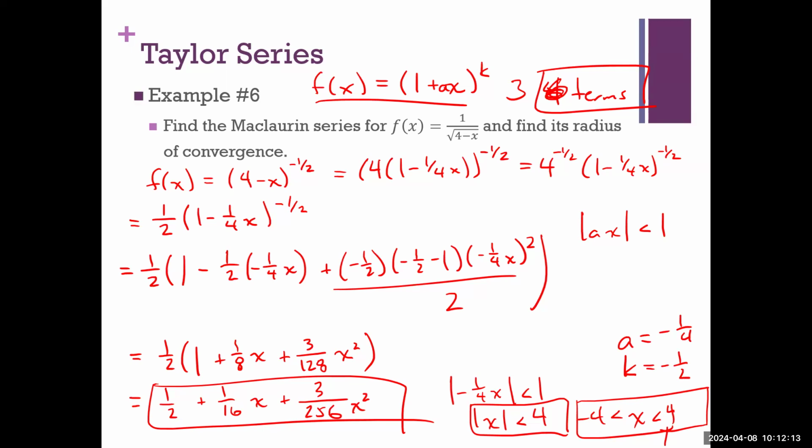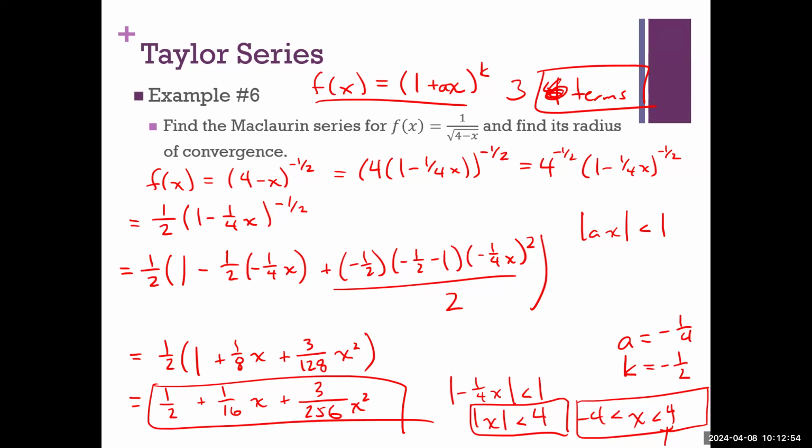How did we find that a equals negative 1/4? That's a good question. We did this a while ago. The bottom line is that binomial series are things that look like 1 plus some second term raised to the power of k. What is our coefficient of x, basically? When we first did this rewrite of 1 over radical 4 minus x, it seems like the coefficient is -1, right?